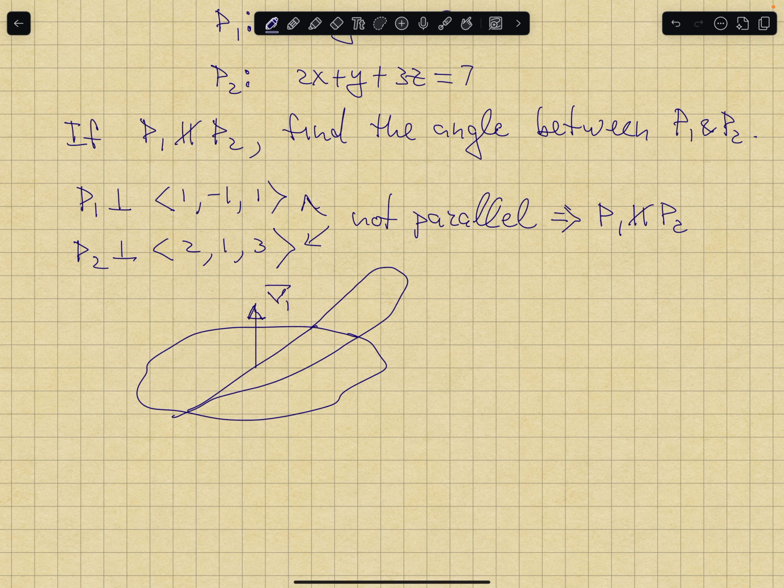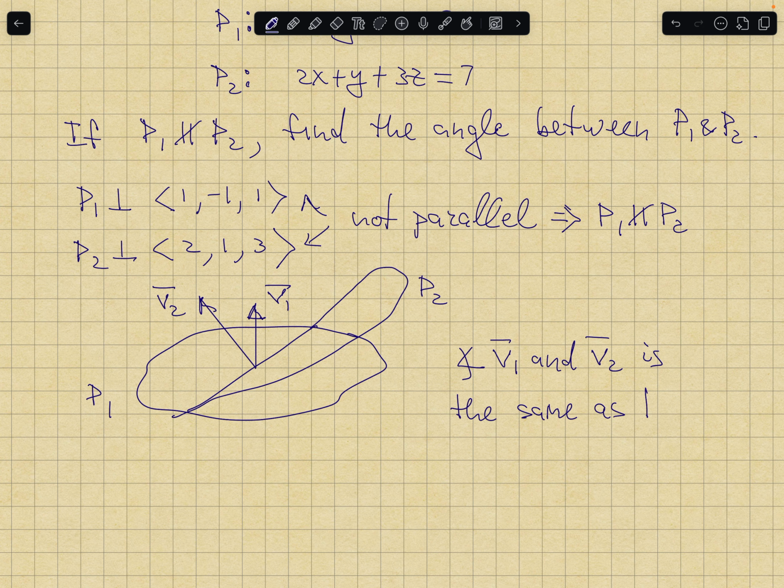That's V1. There is a vector that is perpendicular to the plane P2. That's V2. And then it's easy to see that the angle between V1 and V2 is the same as the angle between P1 and P2.